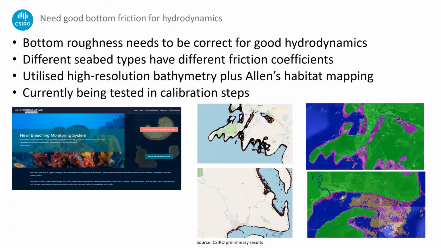In certain key areas, we've also used the Allen Coral Atlas habitat mapping. The plots in the middle here show the different habitat types from this Allen data set, which correspond to different seabed friction values that we're using within our model. And that's currently being fine-tuned in our calibration steps.